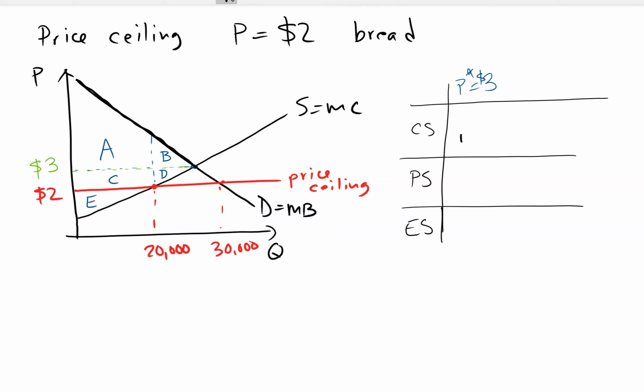So that's just going to be A plus B. And then the producer surplus is above the supply curve, above the marginal cost, and below the price. So that's going to be C plus D plus E.